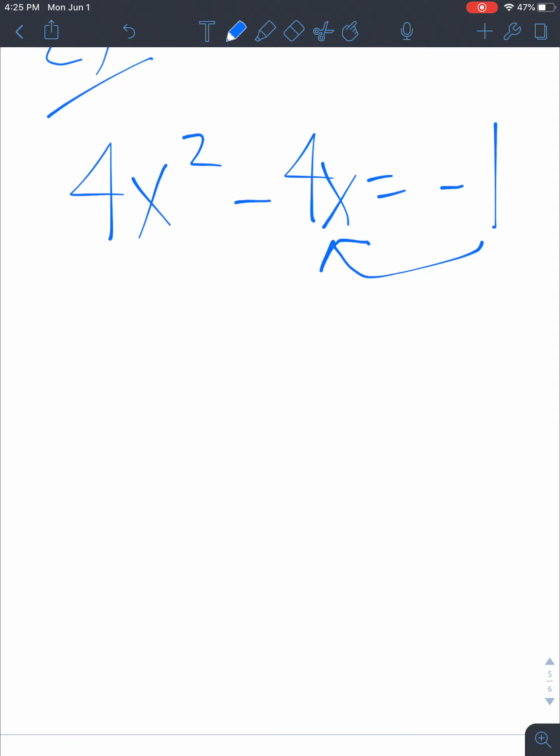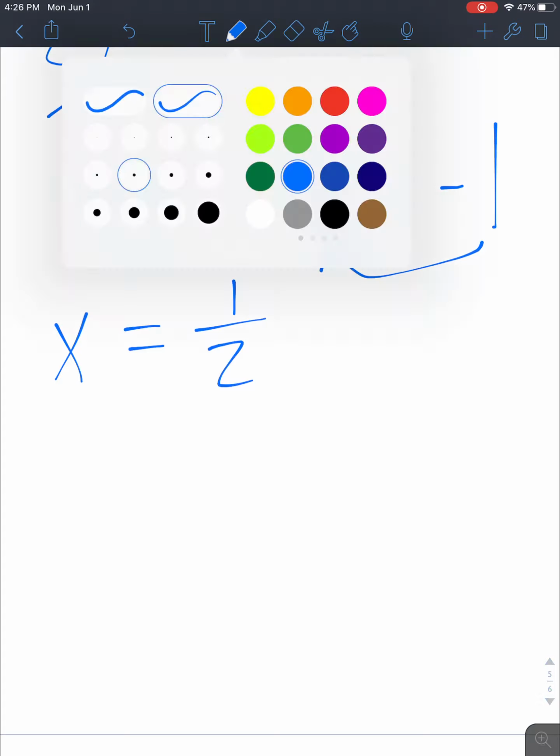And you should have gotten that x equals 1/2. There's only one answer because you end up with a square root of 0. So adding and subtracting the square root of 0 is just 0, so you just get your answer.